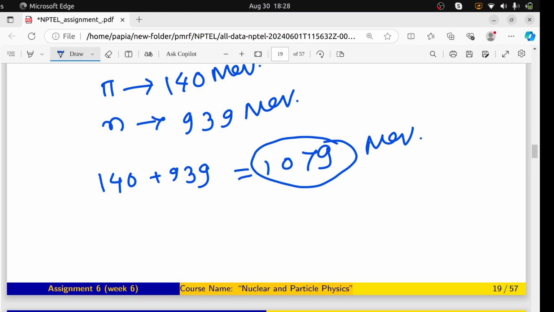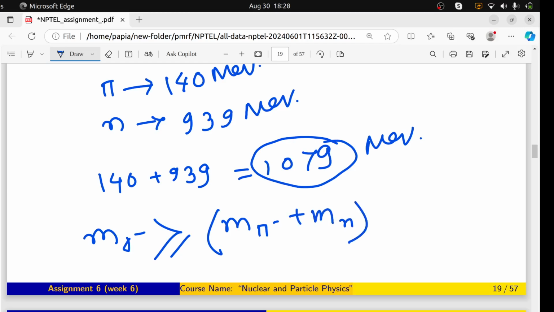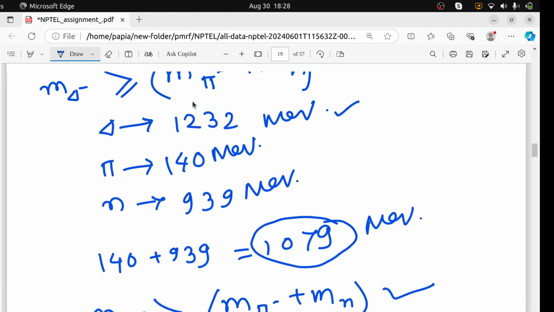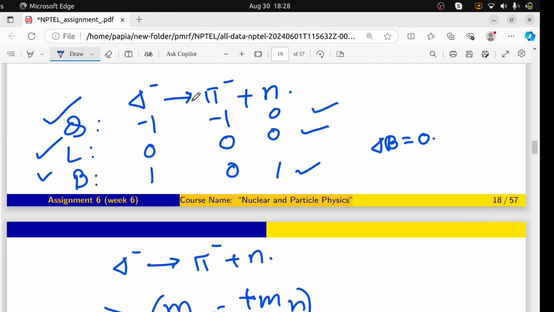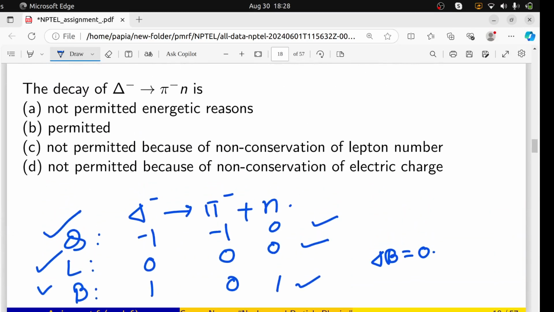Whatever the condition for mass conservation was, m delta minus greater than or equal to m pi minus plus m n, that is satisfied here, because here it is 1232 and this is 1079, and obviously 1232 is greater than 1079. So energy is conserved; from the energy perspective, it is fine. Charge is fine, lepton number is fine, baryon number is fine.